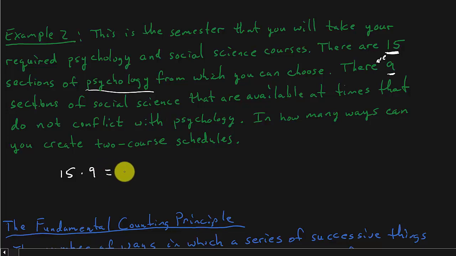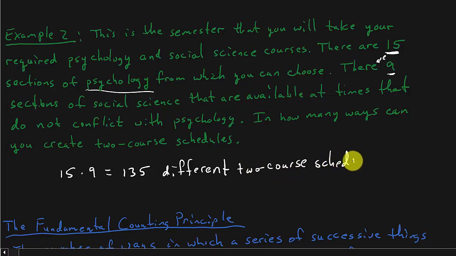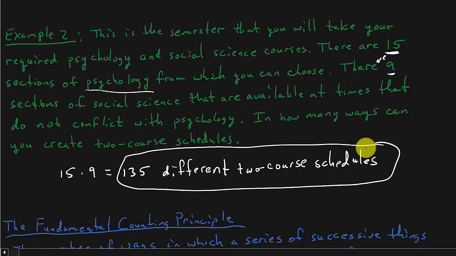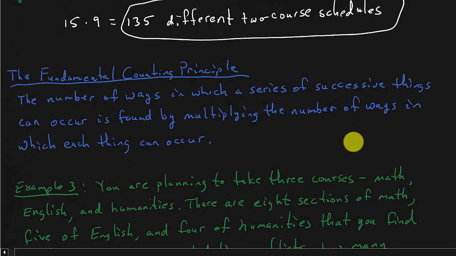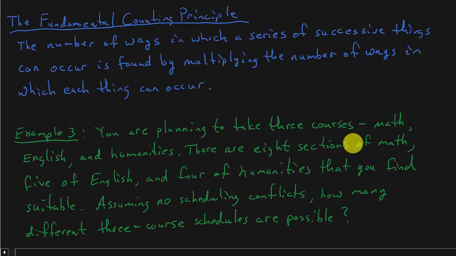Multiply that together, and that gives us 135 different 2-course schedules. So that's quite a bit. You can see this really isn't that bad at all.